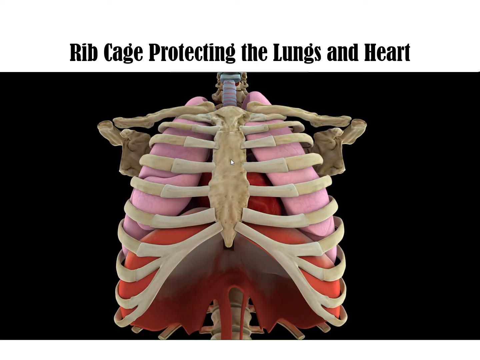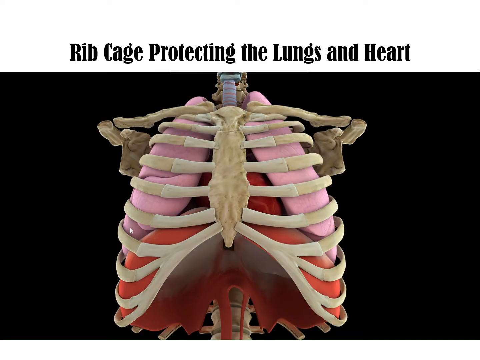So in this picture, you could appreciate the different bones that comprise the rib cage, including your sternum. This is your sternum or breastbone, comprising your manubrium, the body of the sternum, and the xiphoid process, and the different ribs attached to your vertebrae at the back, and they attach through different cartilages in front to form the rib cage.